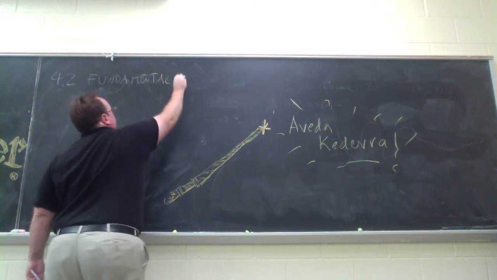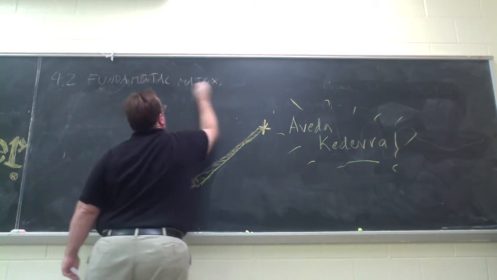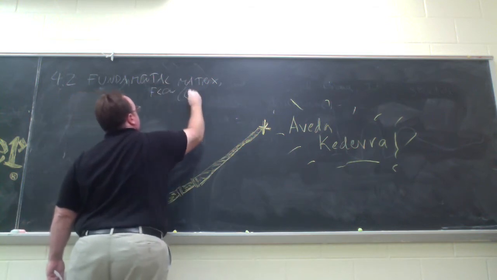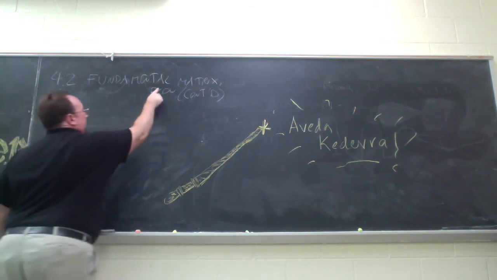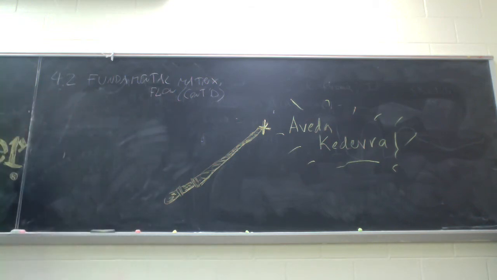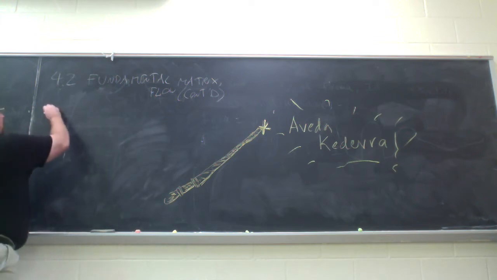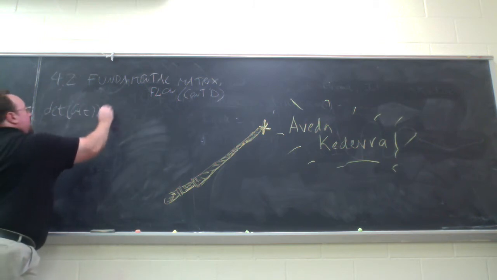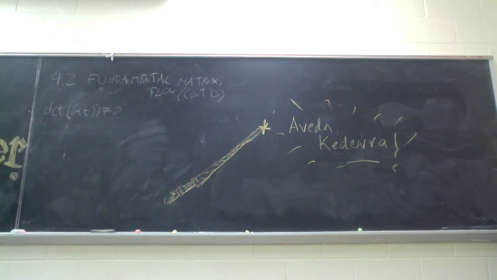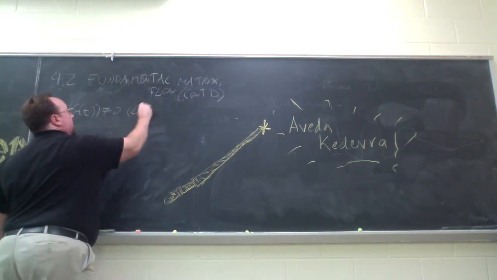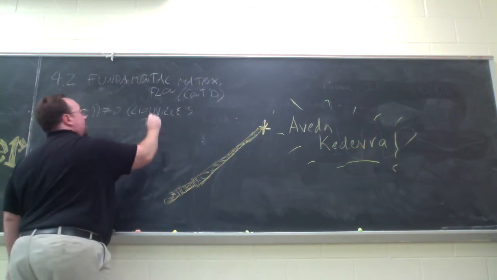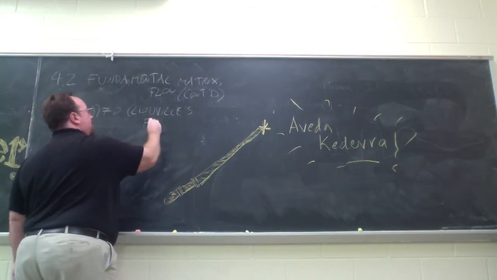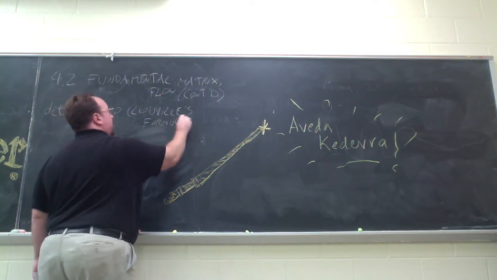Alright, so still talking about the fundamental matrix and the flow for linear systems. Well, linear systems is all we've been doing in this chapter anyway. Now, where I left off last time was that the determinant of the fundamental matrix is guaranteed to be non-zero, because I derived what's called Liouville's formula that shows that the determinant is actually the exponential of something, so it can never be zero.